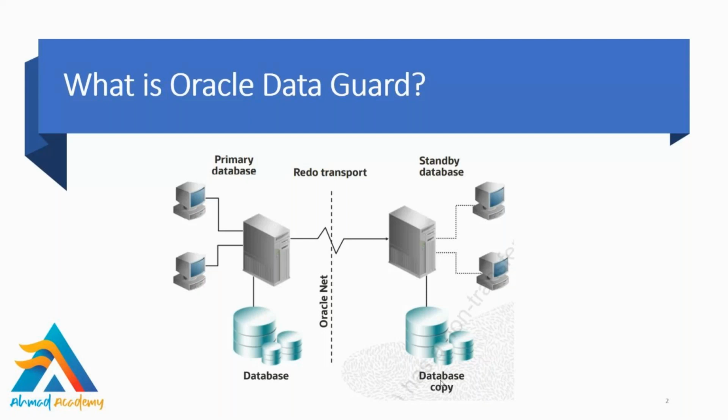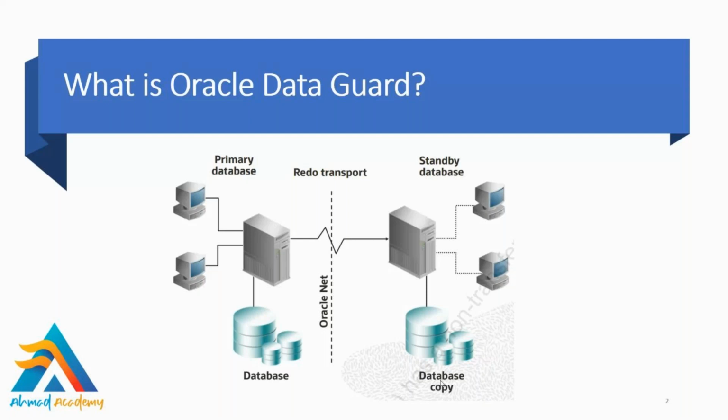Whenever you are configuring a standby database, or Data Guard, you require two virtual machines. On one virtual machine you will configure production, and on the second virtual machine you will configure the replica or the copy of the production.